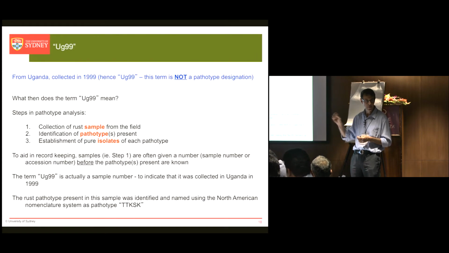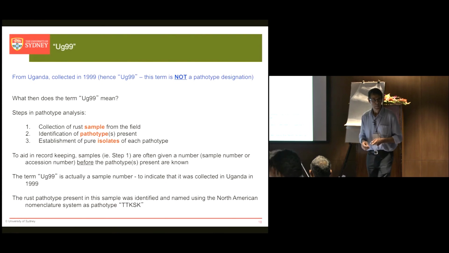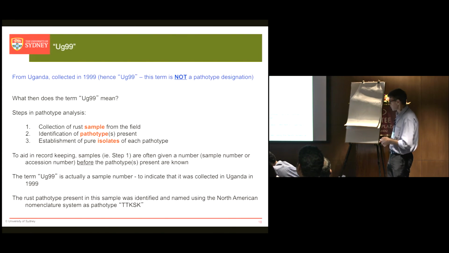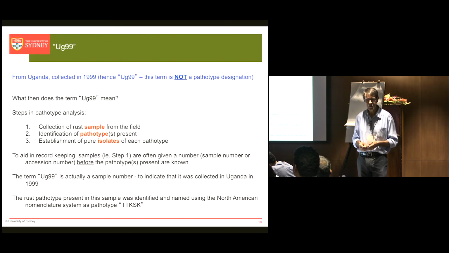That's the actual pathotype that was present in the original sample that was referred to as ug99. Now, as it turns out, in a lot of the press articles and a lot of the discussions that came about, a lot of people said, oh, it's ug99. And this became a common term to use for the pathotype TTKSK, but it's not the pathotype designation, it's the sample number.